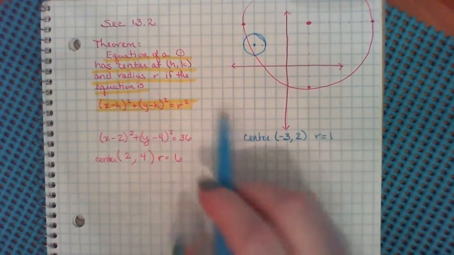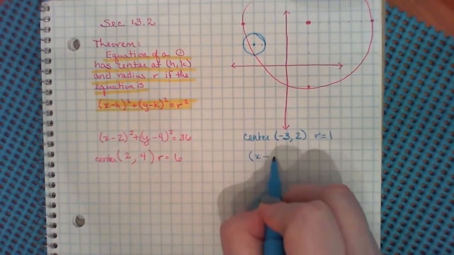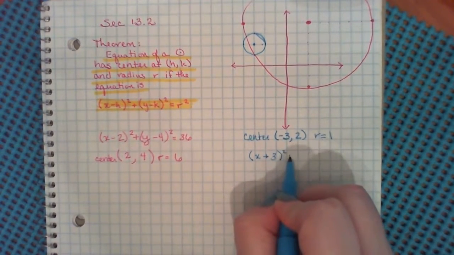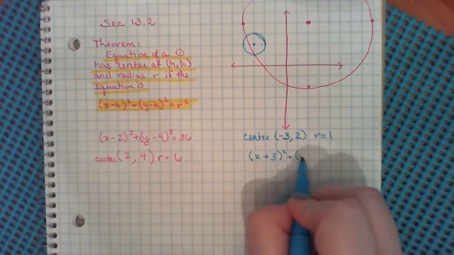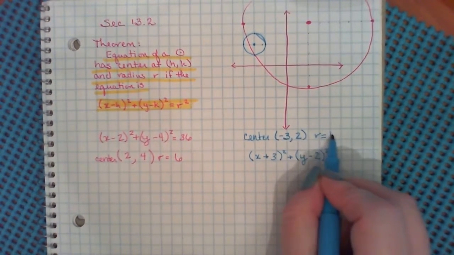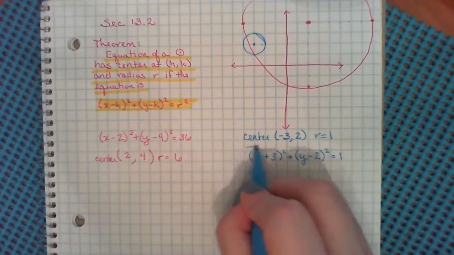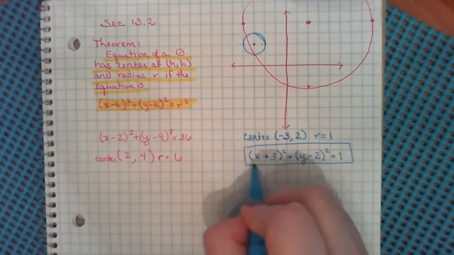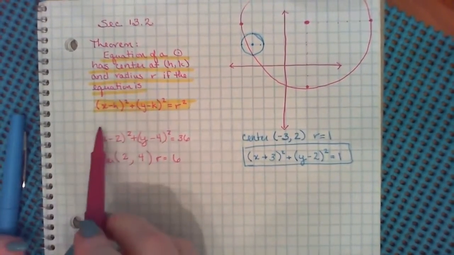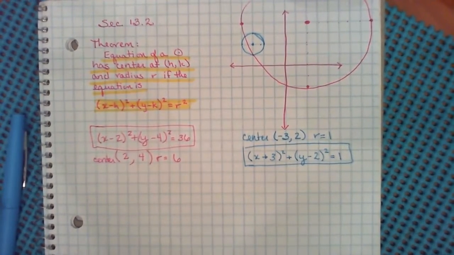If I wanted to write the equation, it would look like (x minus negative 3), which is the same thing as x plus 3, squared, plus (y minus 2) squared equals 1 squared, which is just 1. So this equation matches up with that circle.